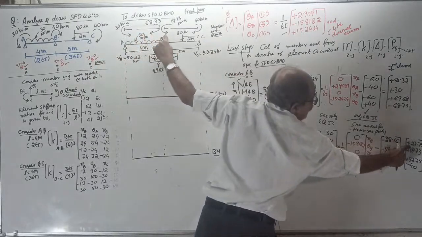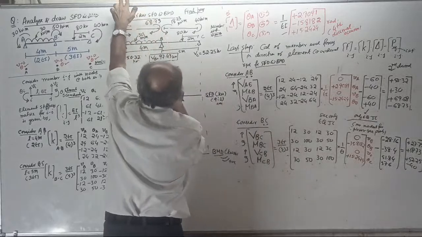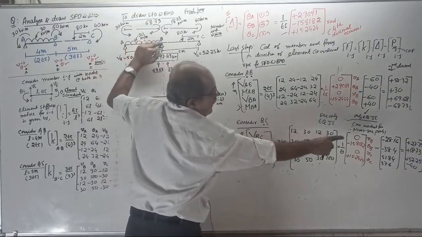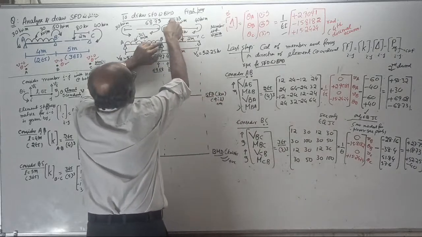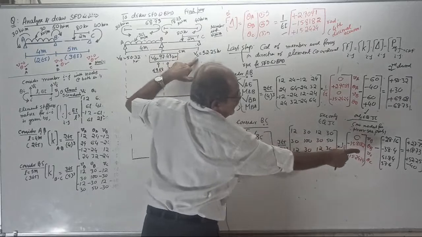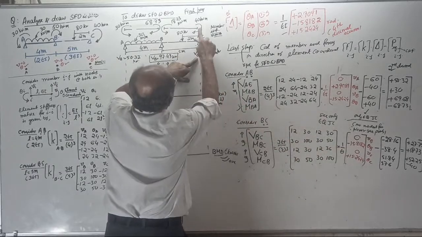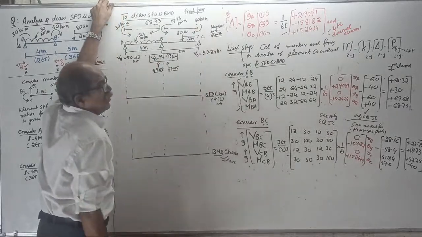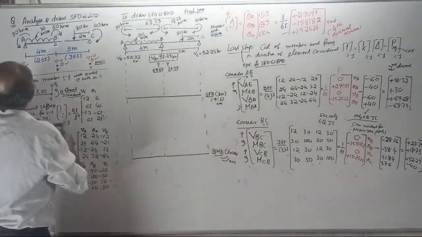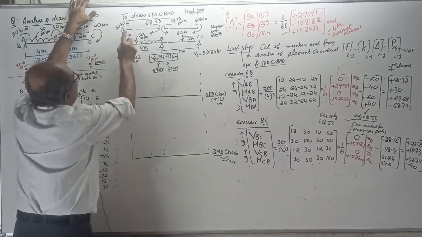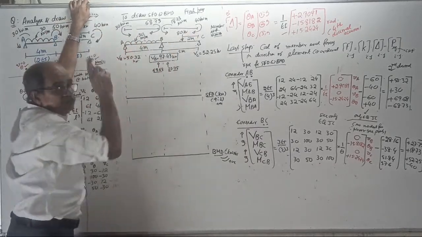Same way for this member: reaction at B plus 27.75 upward, and moment plus 18.73, anti-clockwise 18.73. Here, reaction plus 52.25 upward, moment minus 40, clockwise 40. Now see, in the question, if these two couples are not given, these two will come 0.